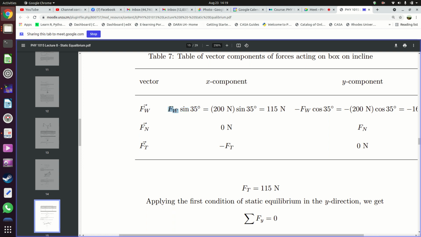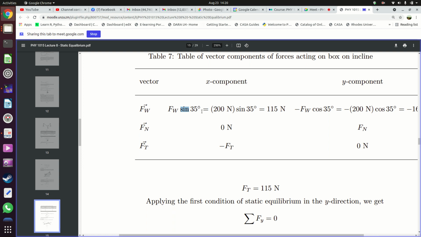So the weight of the box times cos 305 degrees, because what we have is 270 plus 35, so you have 305. The weight of the box here multiplied by cos 305 degrees is going to give you 200 times cos 305 degrees.